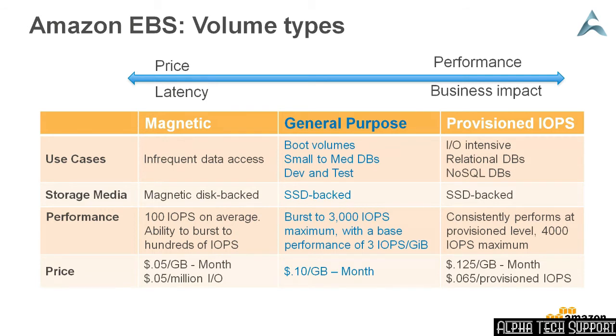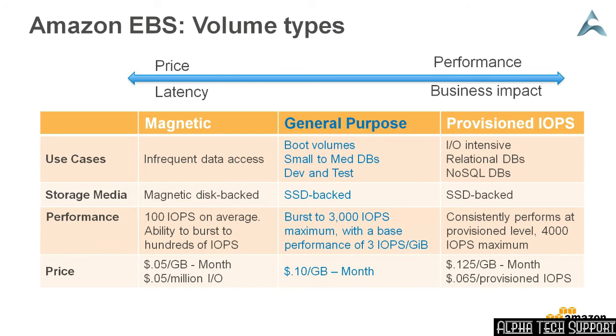The block storage volume types come in two major categories. One is magnetic, the other is provisioned IOPS. It depends on your use. For example, if you have less money to pay and you can handle latency or need infrequent data access, you can go with the magnetic type of storage.